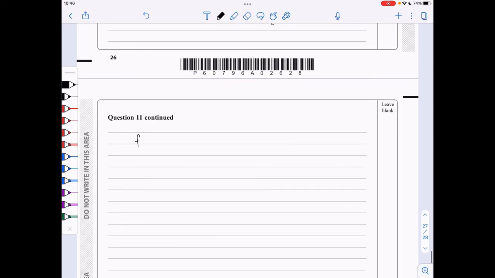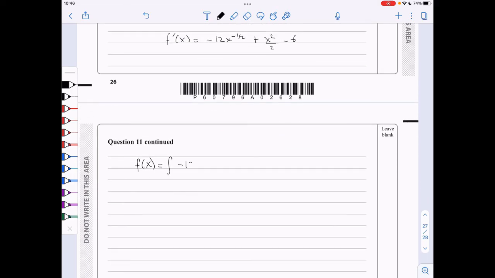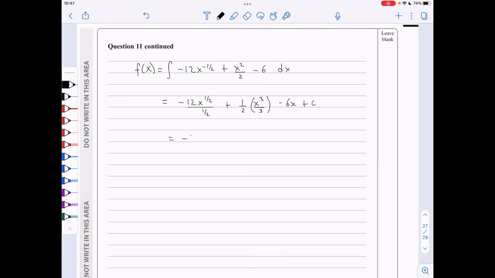So f of x will be the integral of minus 12x to the minus a half plus x squared over 2 minus 6 dx, which gives me minus 12x to the half over a half plus a half x cubed over 3 minus 6x plus c, which is minus 24x to the half plus a sixth x cubed minus 6x plus c.